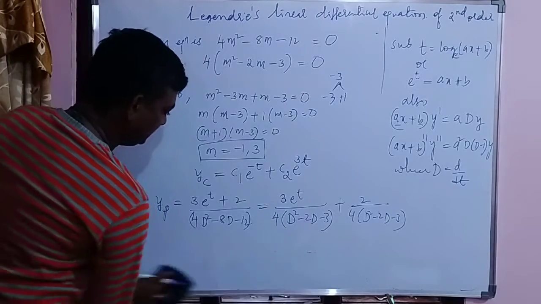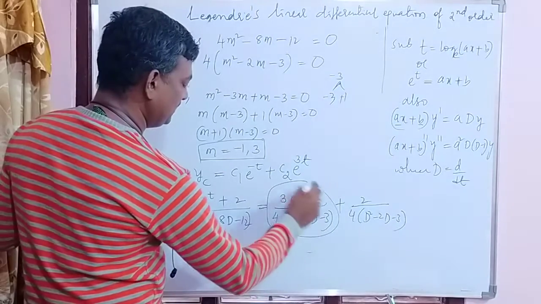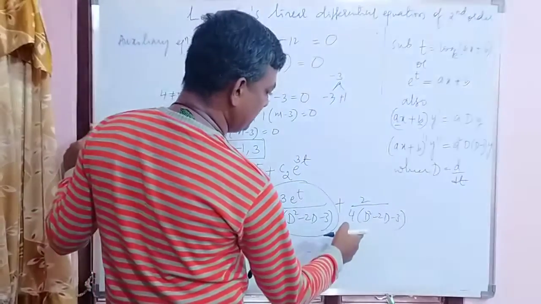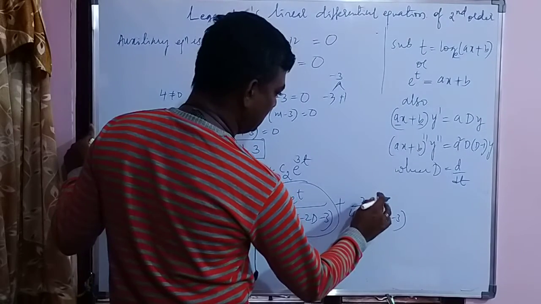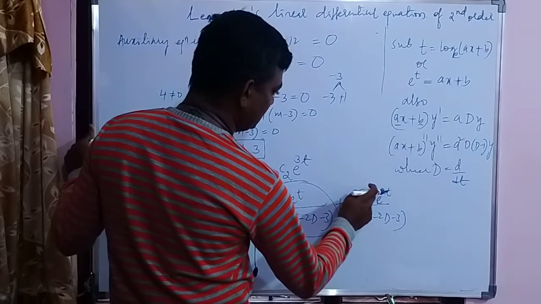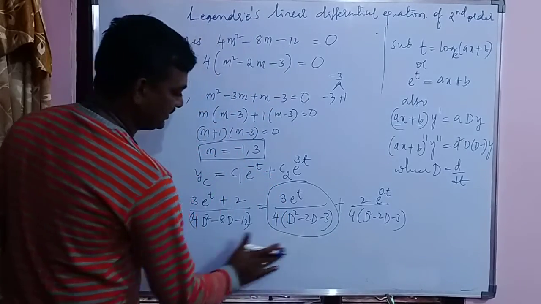So look at this, students. This is a type 1 example, because it is exponential divided by a function of d. Here constant divided by a function of d is also the same, as 2 can be written as 2 into 1, and 1 can be written as e raised to 0 into t. So this is also exponential divided by a function of d. So how to evaluate?